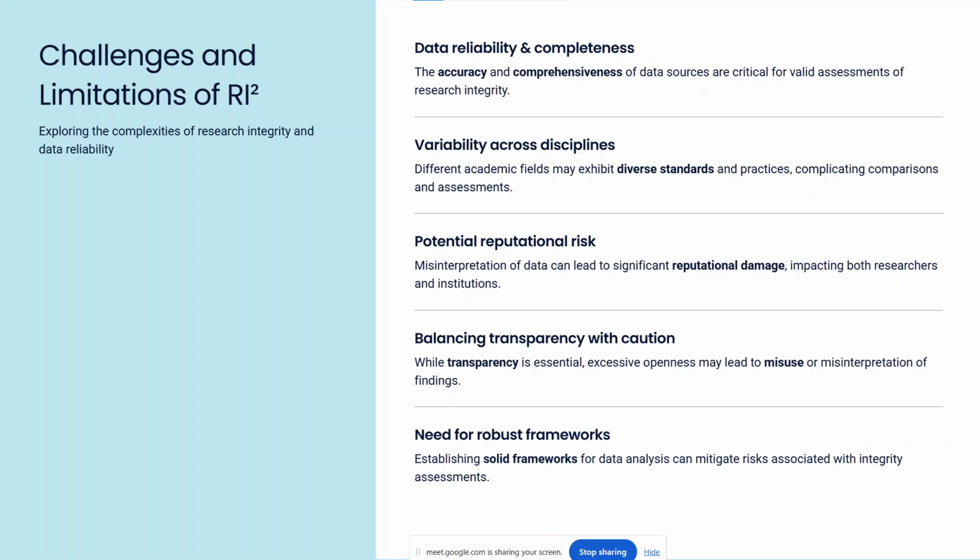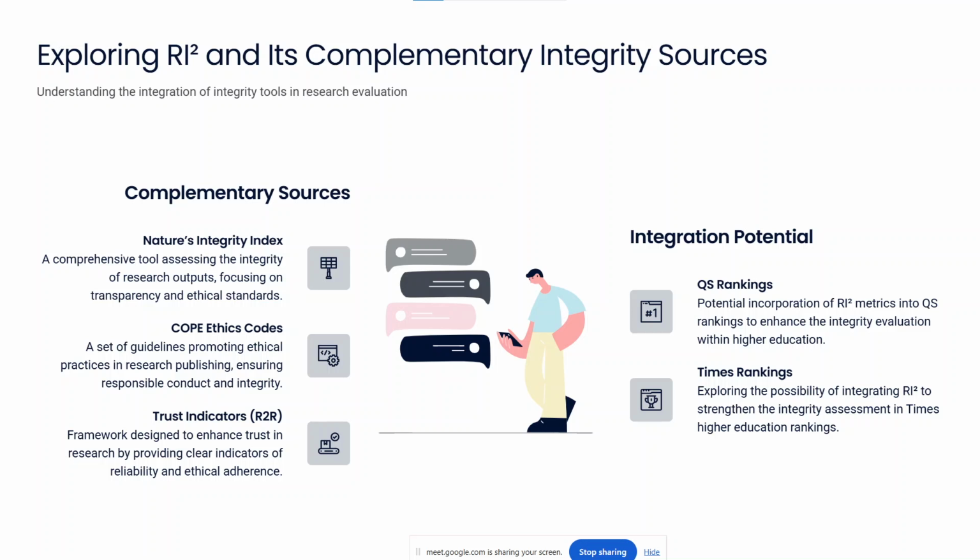It's very difficult to count every publication as part of this RI square value. So what we need is a robust architecture or robust database or robust algorithm that can automatically detect all these things to provide, not an accurate, at least an approximate value. So these are all challenges and limitations of this RI square value.